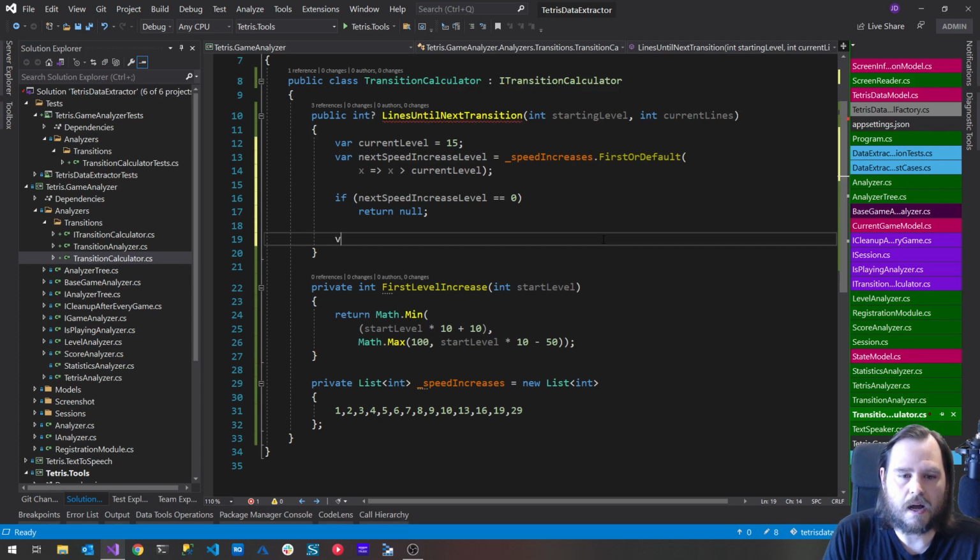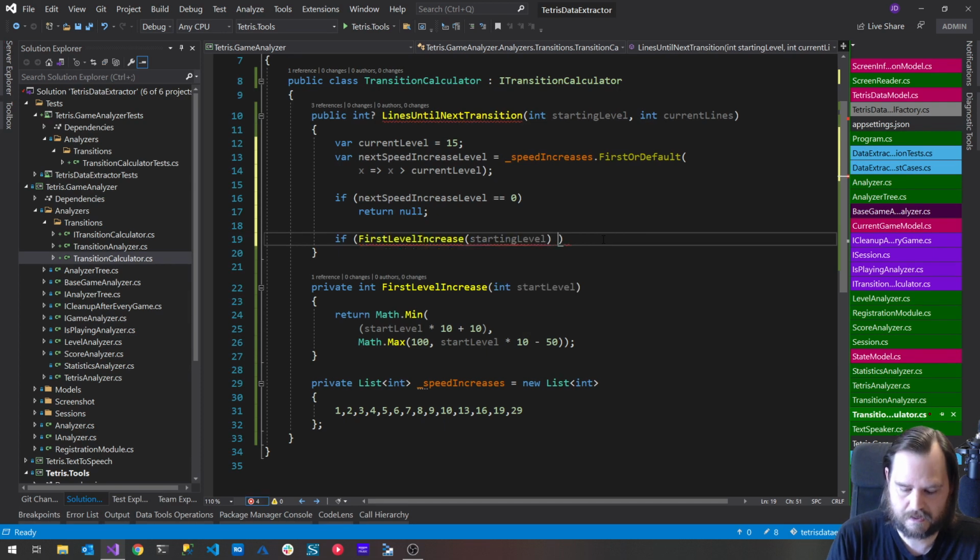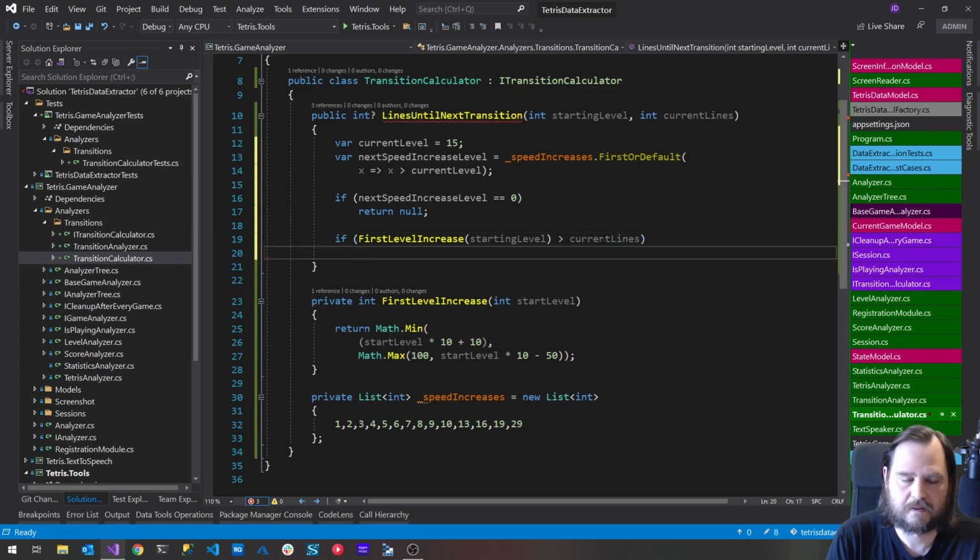So if your first level increase happens and you haven't hit it yet, so this is like a 15 start and we haven't yet gotten to 100 lines, or an 18 start, we haven't yet gotten to 130 lines.